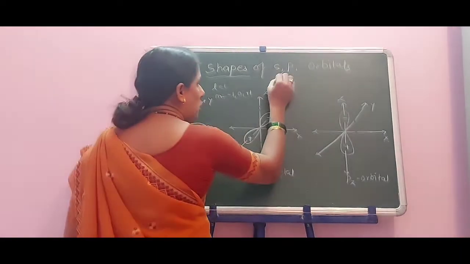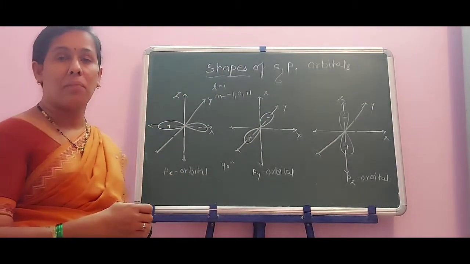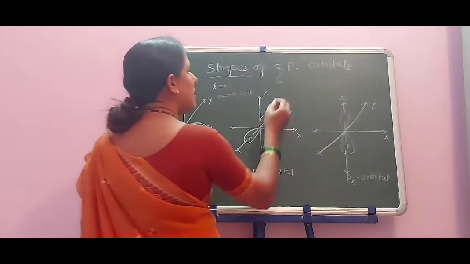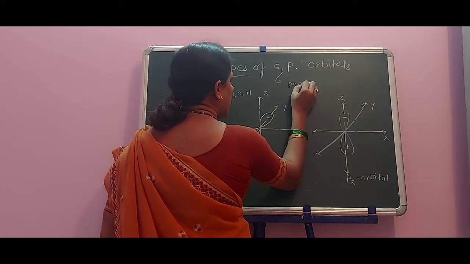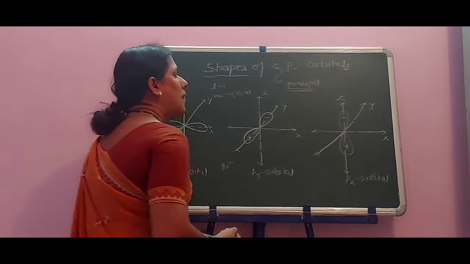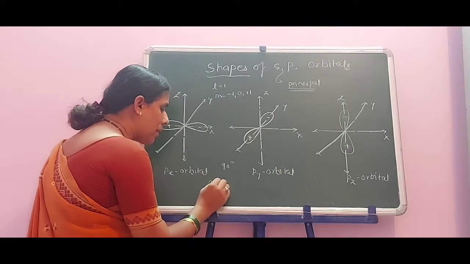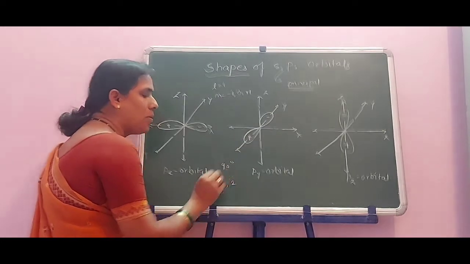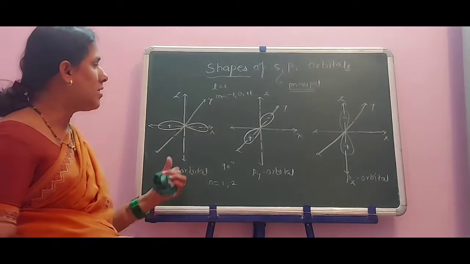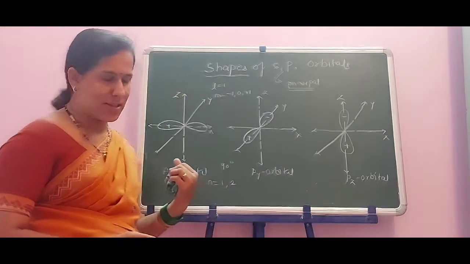The letter p is derived from spectroscopic studies, meaning principal. As the value of the principal quantum number n increases from 1, 2 and so on, the energy of the p orbitals also increases.